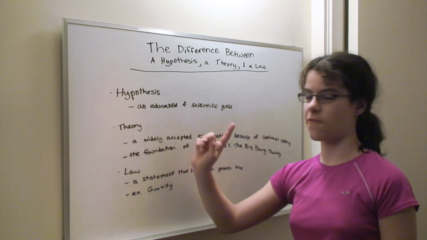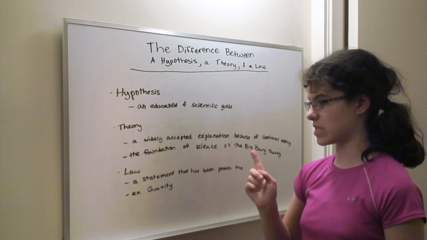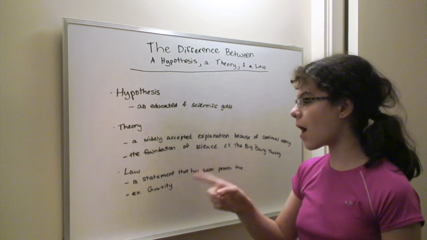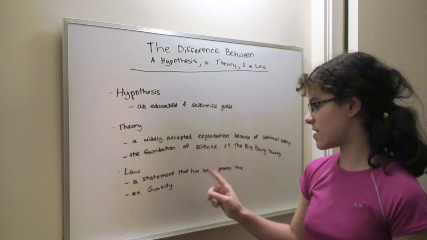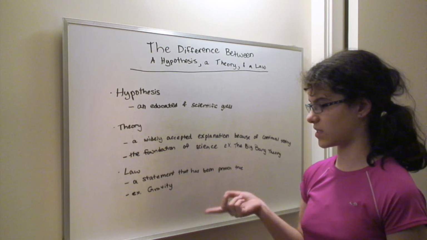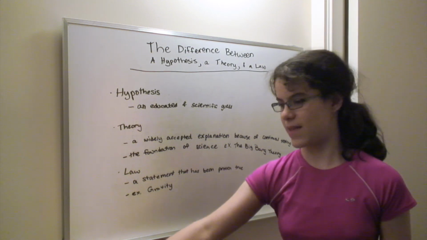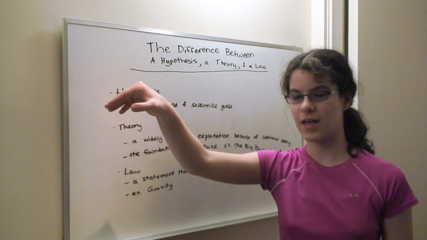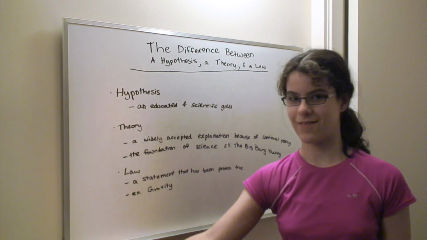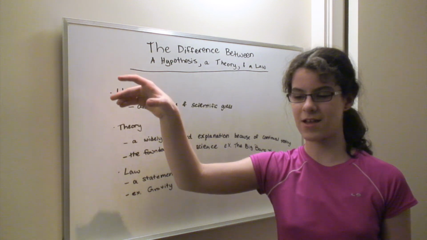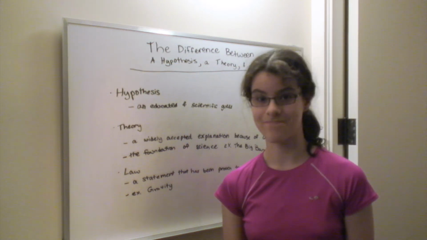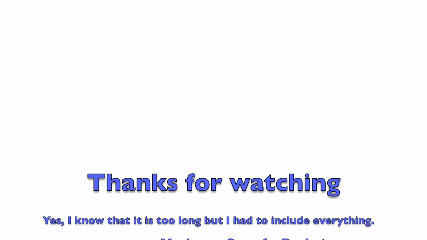And it's also the foundation of science. A law is a statement that has been proven true. For example, gravity. Like, if I drop this, it drops. If I drop this, it also drops.